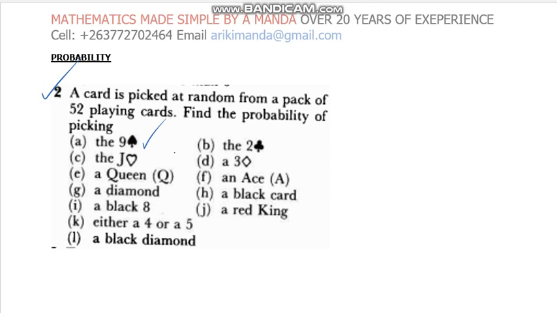This means a jack of hearts, and this means a 3 of diamonds. So following the teacher's information and worked examples, can you work out this number 2 from 2A up to 2I on your own? Thank you very much. Enjoy your day.